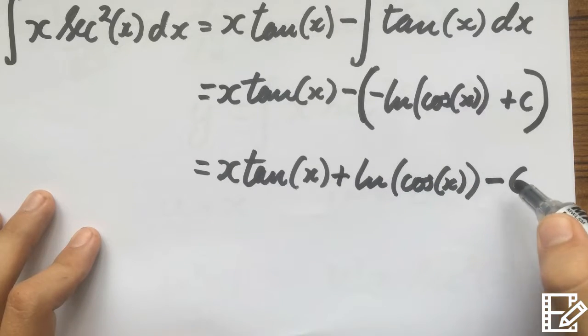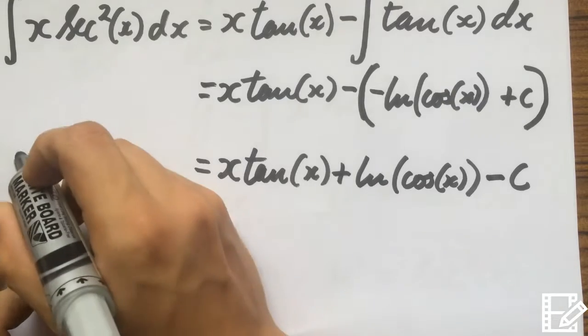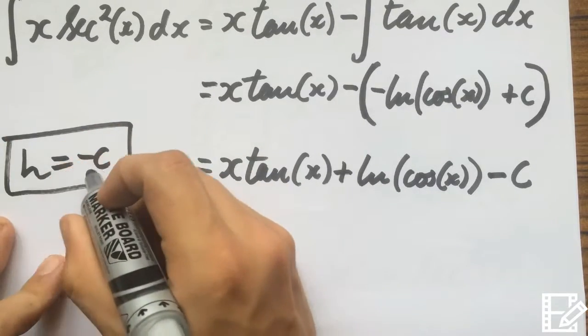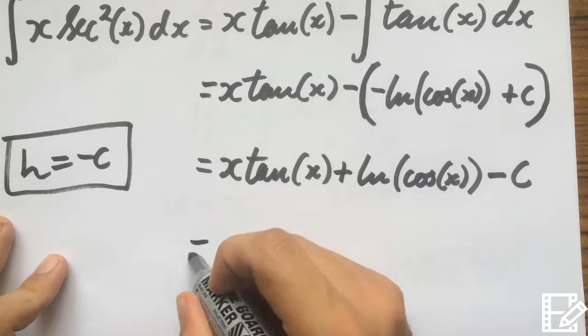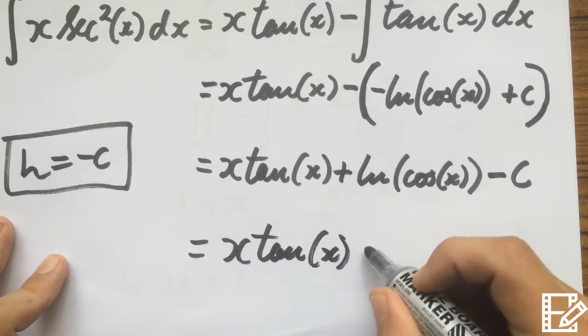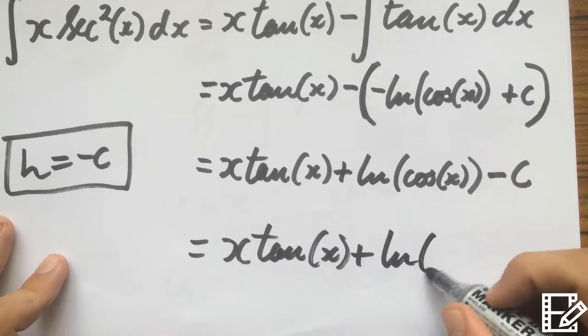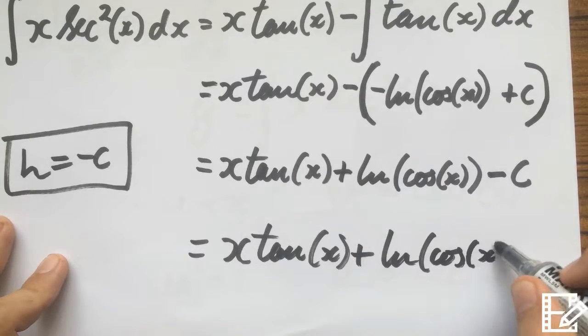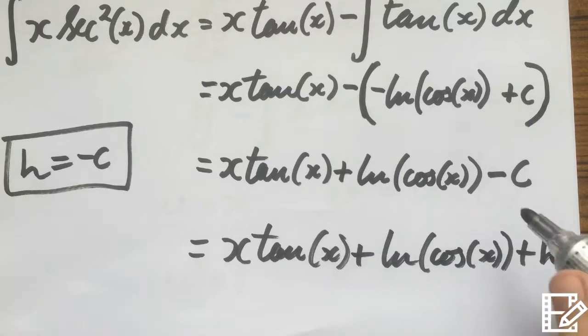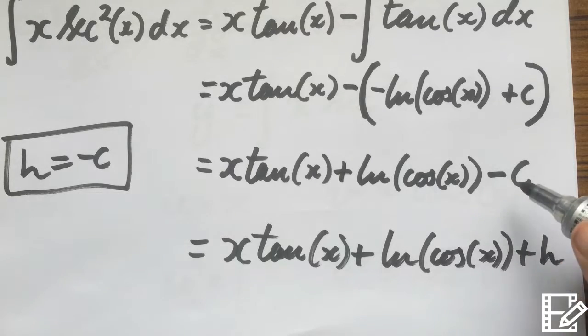You can leave it as negative c, but in another video I explained that I like to do things like this, where I'll make h equal negative c. So when I write it out and make it look all neat and nice, I end up with a positive constant. Now I can't make it a plus c because it's not.